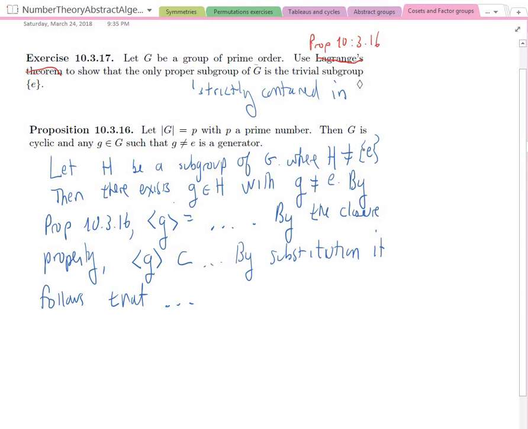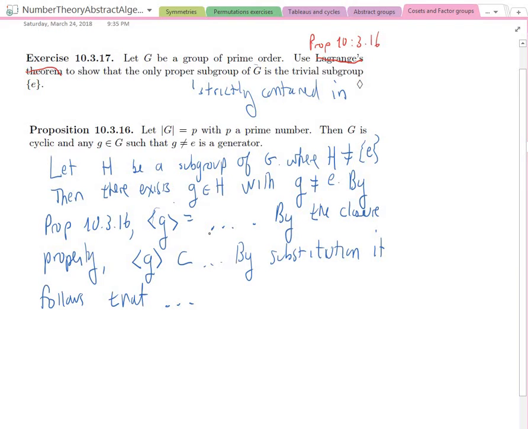If H is not the identity, then there must exist some element other than the identity which is in the subgroup. So there must exist a g, which is in big H, where g is not the identity. And then by proposition 10.3.16, what do you conclude about the set generated by g? Now, and then you have by the closure property, the set generated by g is contained in something. So by substitution, it follows that something.